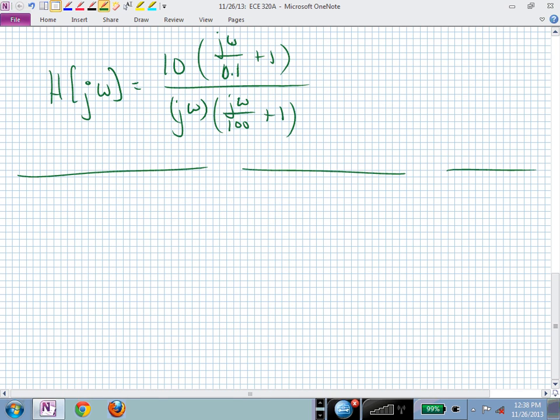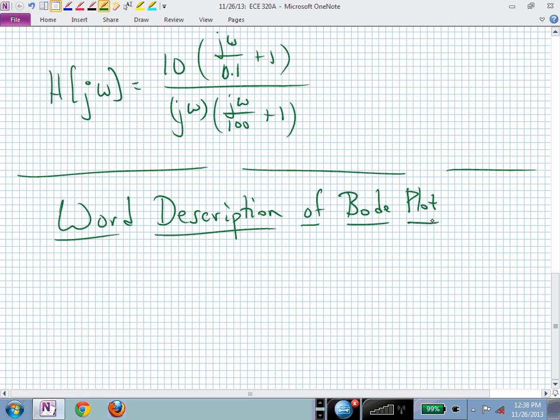All right. Now let's look at how we might produce a word description of this Bode plot. Is it clear the factors that we now have that are going to go together to create the Bode plot?